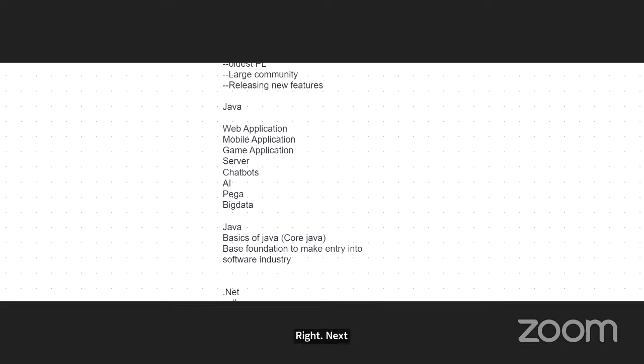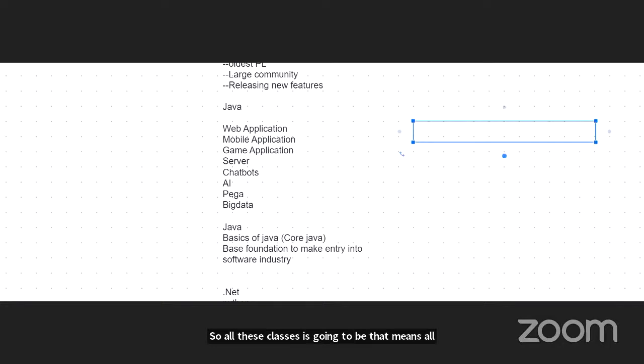Sir, how are these classes going to be? That means how will the curriculum be? Once we start our classes, we'll go from the basics, minimum basics. What is a normal program? How are instructions given and how are the syntaxes learned? Some people will say, sir, I will learn Java, can I learn another programming language?